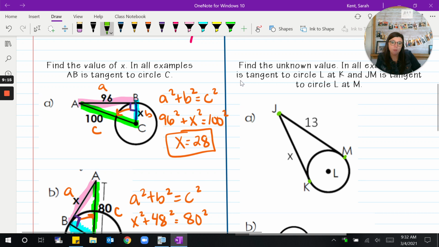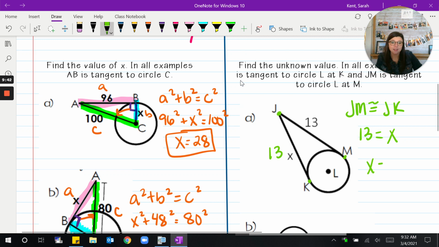So since these share point J and they both touch, that means that JM is congruent to JK. So that means if JM is 13, JK, we say, is X. Those are the same. So if JM is 13, JK is also 13.